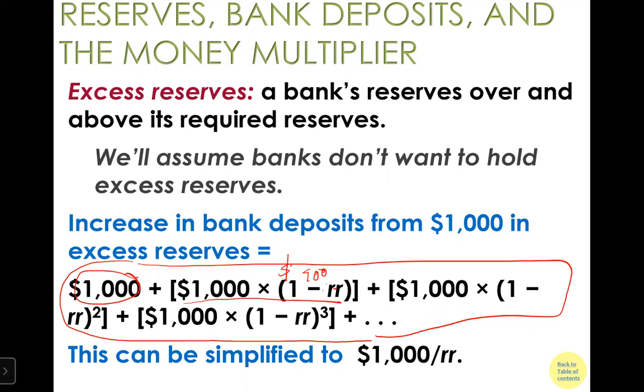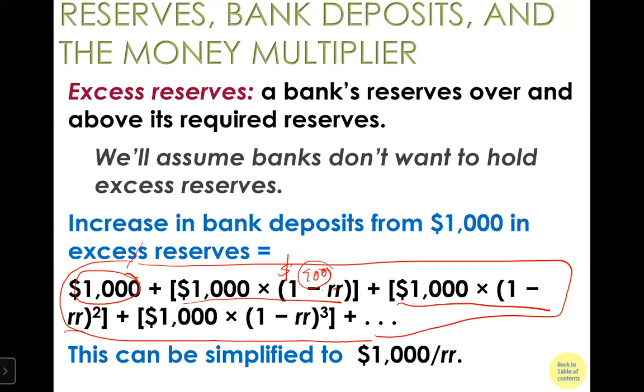Now Anne will have $900. What Anne will do is the same thing as Silas did: she will put $900 into the bank. Then the bank has an additional $900 of deposit, so with that $900, the bank can make new loans. That goes to the third term.